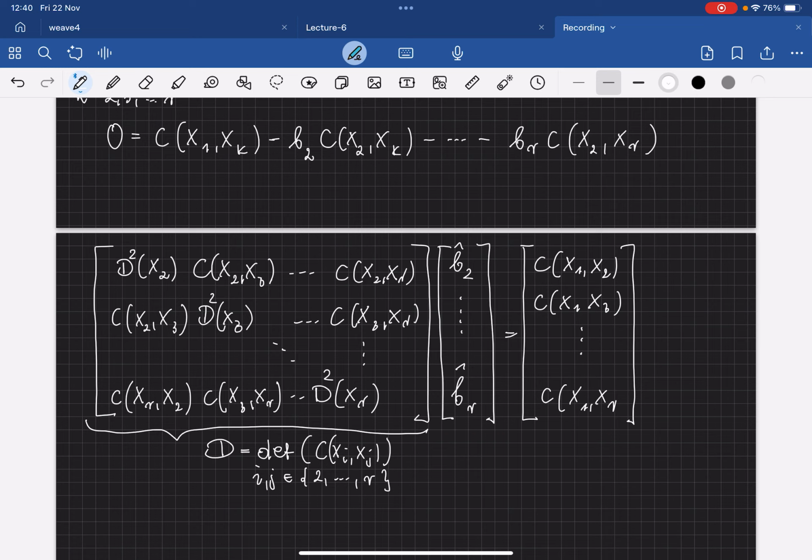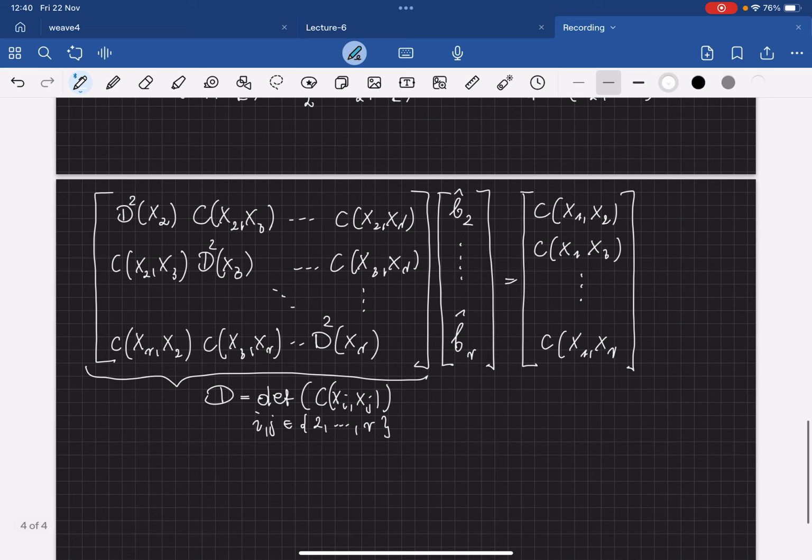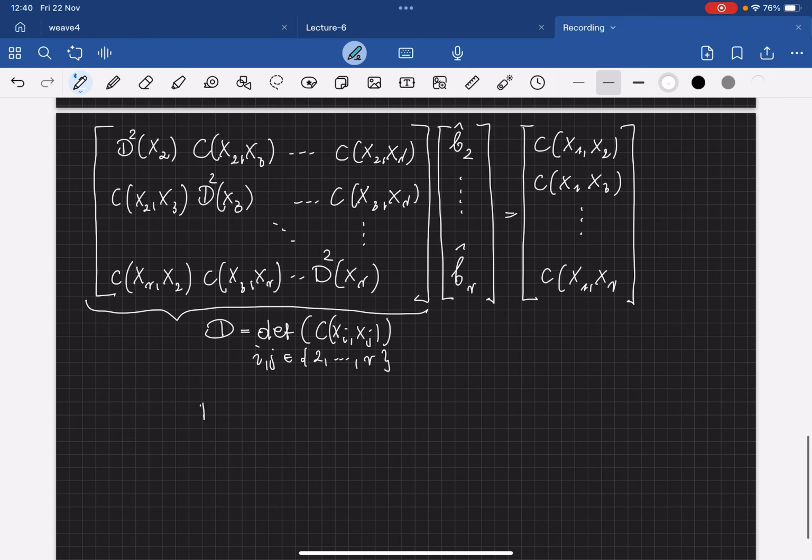And we will also need determinants of a matrix that looks similar to this main covariance matrix, but the kth column is replaced by the free, right hand side column.